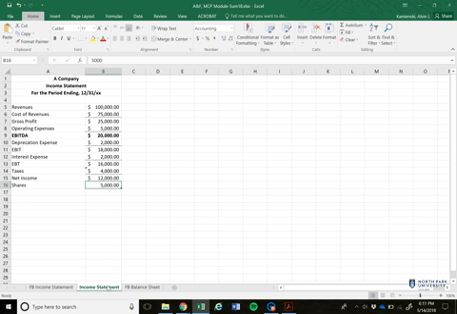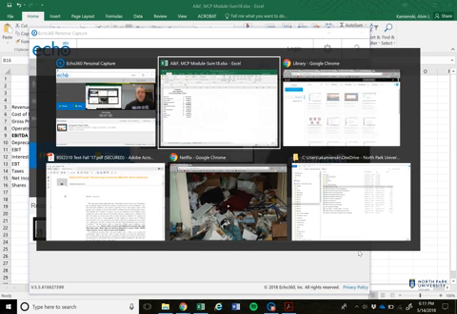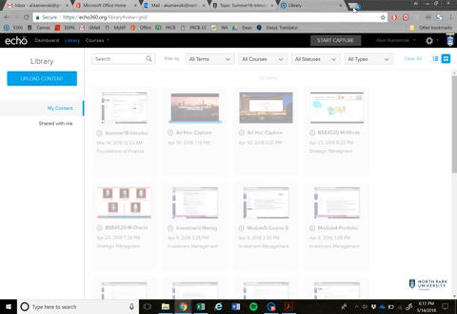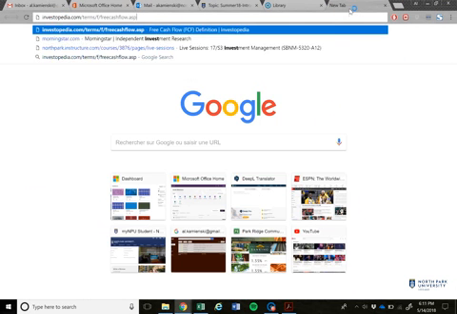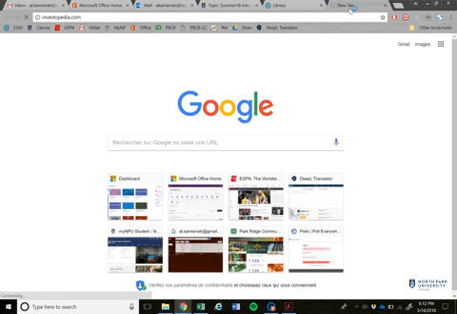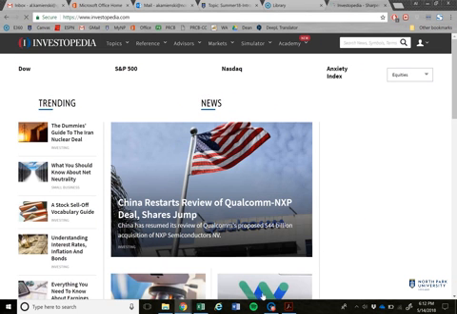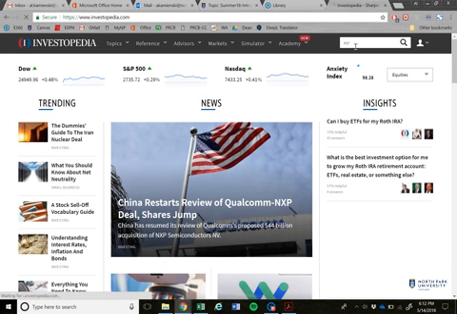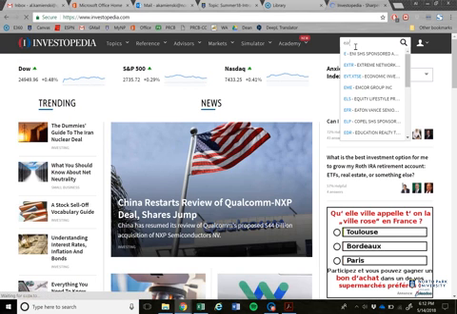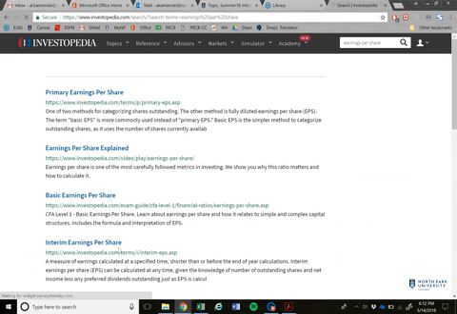What I like about finance in the current form is that we can go out to basic websites to find the information that we need. And one of my favorites is Investopedia. It's the Wikipedia for finance. So if we wanted to look up something like earnings per share, it's like looking up in the old encyclopedia, which I grew up with, to find out what the different formulas are that relate to basic earnings per share.